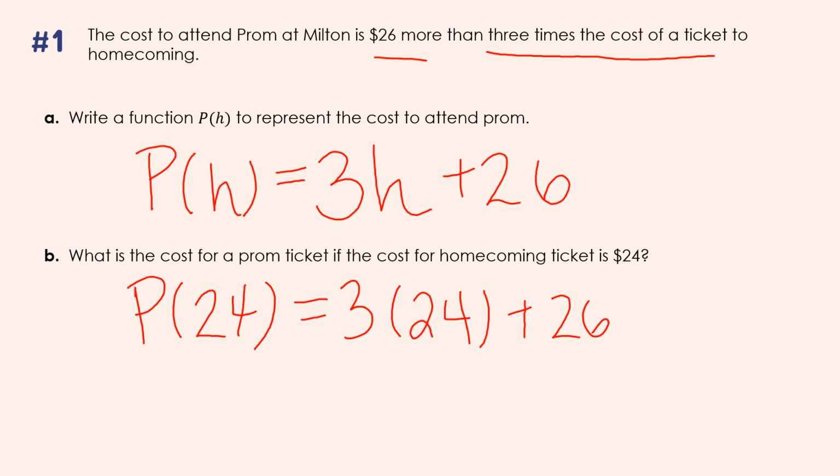If you're going to use a calculator, please make sure you are practicing using that Desmos calculator, either the app or online. Just go to desmos.com. There's the scientific and there's the graphing. The scientific is good for this because we're not really trying to graph, but it would work just the same. That would be $98 for the prom ticket.